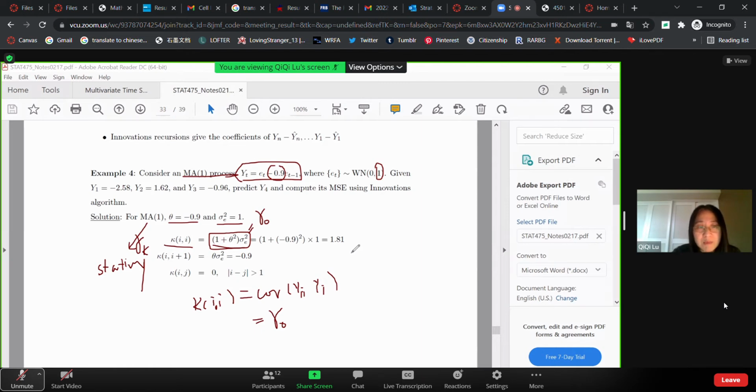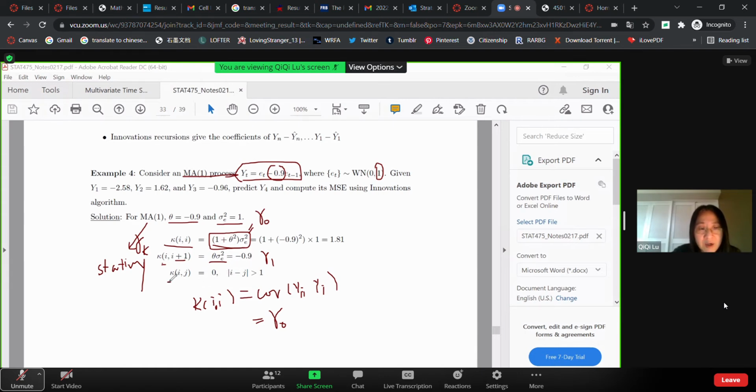We did the same MA(1) model before using the DL algorithm. For gamma i plus 1, i, the time difference is 1, so this is gamma 1, which is theta sigma e squared, so negative 0.9.